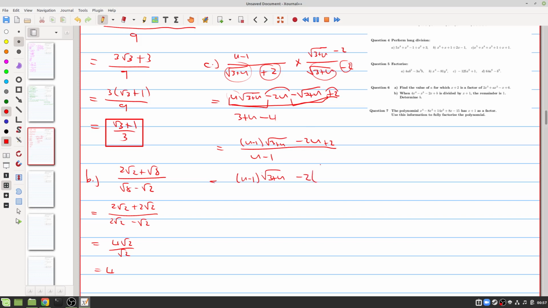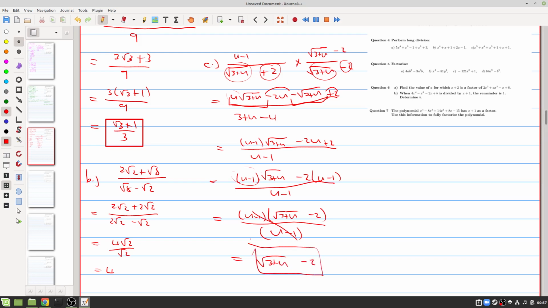What's left if we take out minus 2? u minus 1. Fascinating. And then u minus 1 at the bottom. So now we've got a common factor of u minus 1, so we can take that out as a common factor. And what's left is square root 3 plus u minus 2 over u minus 1, which can then cancel. So our final answer is just square root of 3 plus u minus 2.